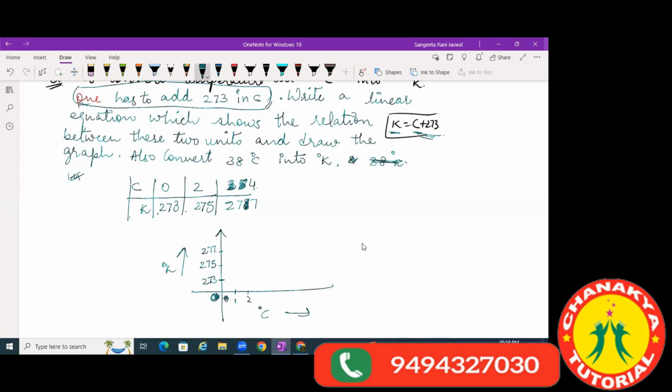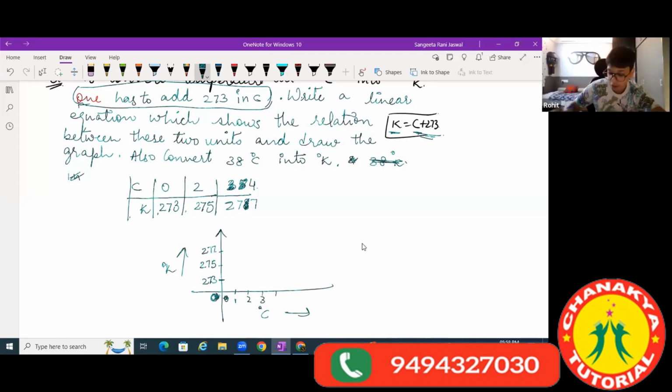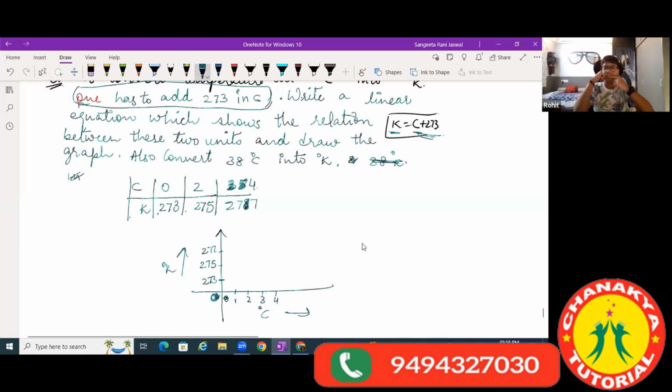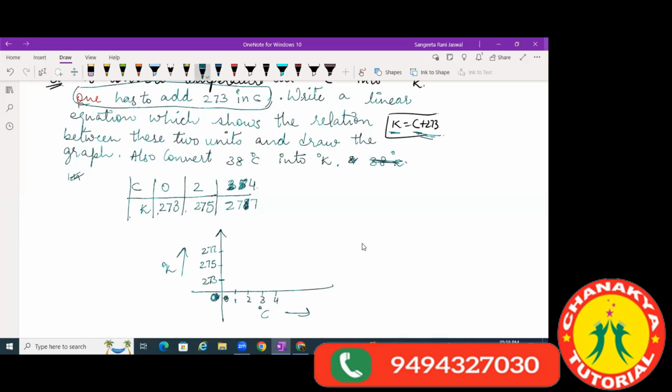Don't think that from the origin to 273 is a 273 gap difference, and here this is just 2 points and 2 points. It's not like that. This is a temperature scale. When you measure the Kelvin, the very first point that you get is 273.